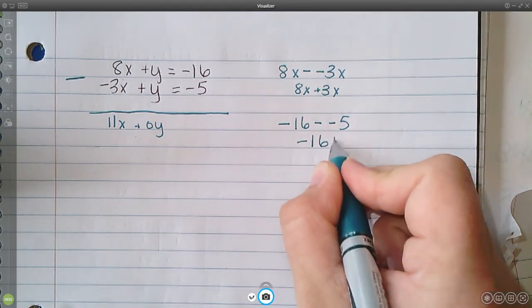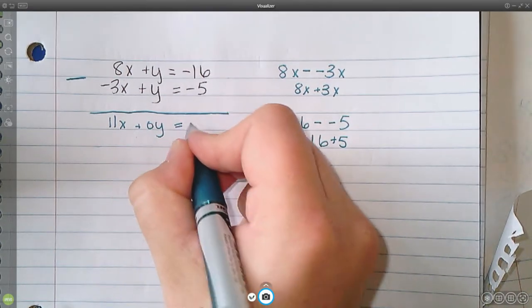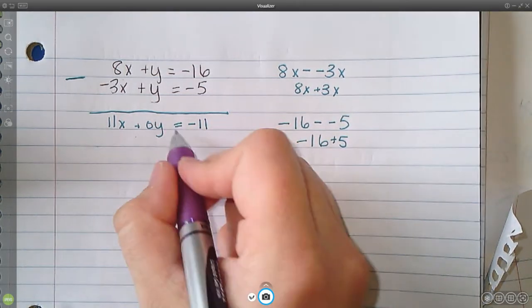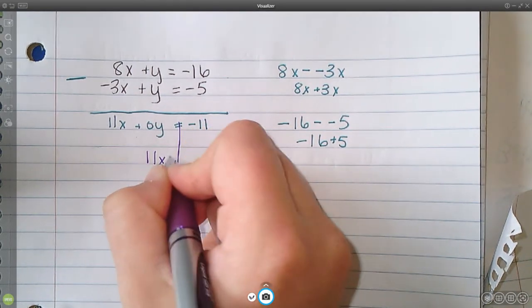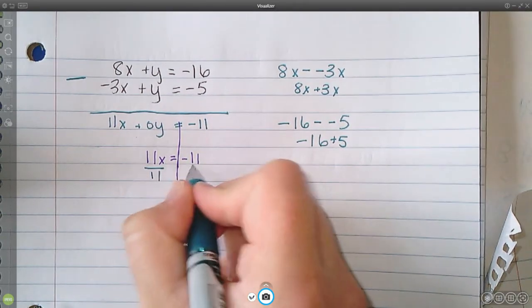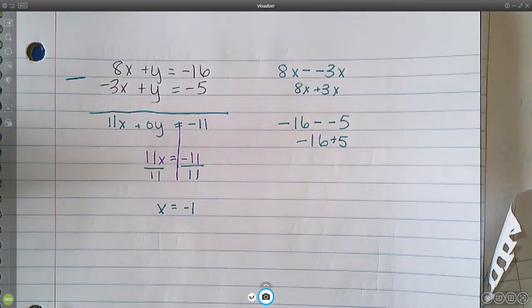So you have negative 16 plus 5, and that equals negative 11. Again, you can use your calculators. Step 2 was to solve. So we have 11x equals negative 11. Divide both sides by 11, and you get x equals negative 1.